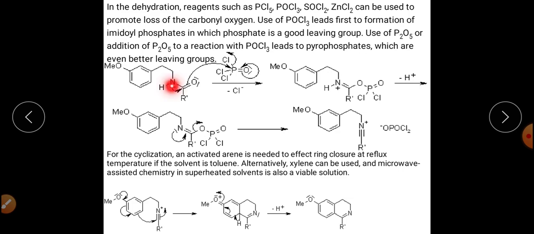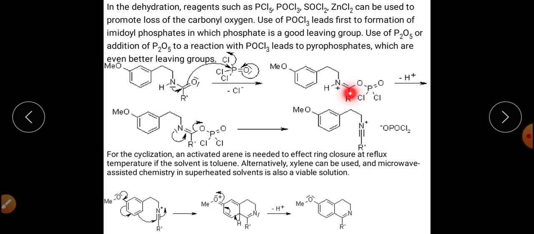So first of all, this lone pair on the nitrogen will come to this particular carbon to form N double bond C, where the N will carry the positive charge, and this particular bond between this carbon and oxygen will now attack on this phosphorus with elimination of Cl negative. So in the first step, this adduct will be synthesized.